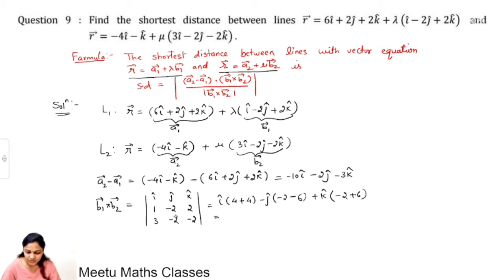Okay, so your b1 cross b2 vector is 8i, this is minus 8, so it will become plus 8j, and plus 4k. This is your b1 cross b2 vector.